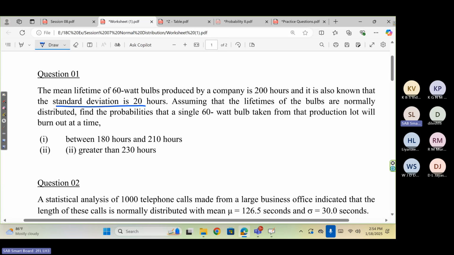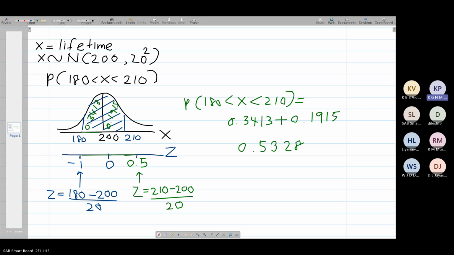In the first one, they define the X and the distribution. Don't need to write it for every question. Question number 1, part 2. Now greater than 230.